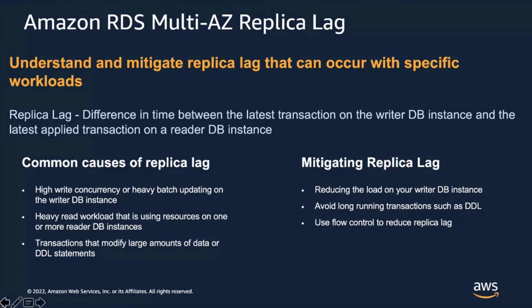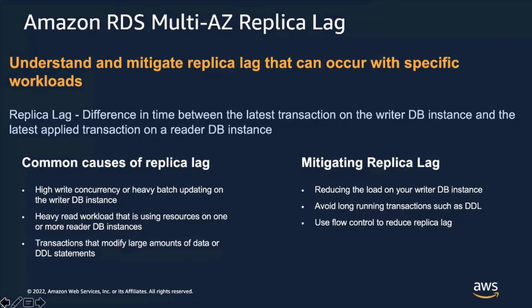In other cases, when there is a large number of DDL statements, it can cause replica lag as well. So in order to mitigate the replica lag, we can either reduce the load on the writer DB instance or try to avoid long-running transactions such as DDL statements on the primary.